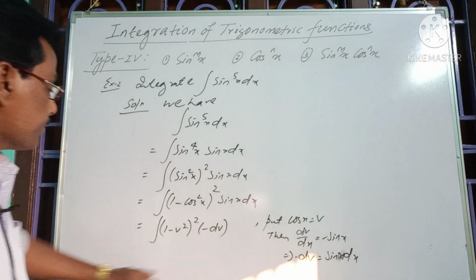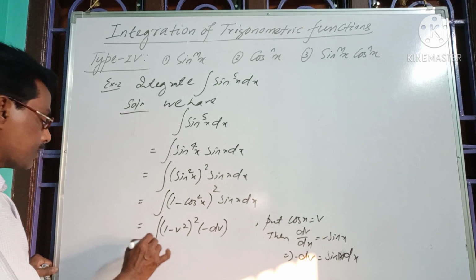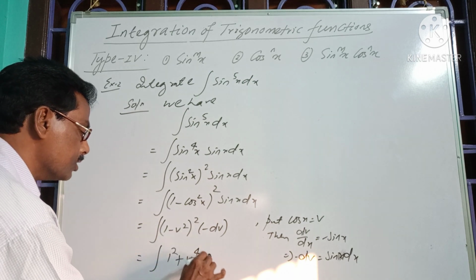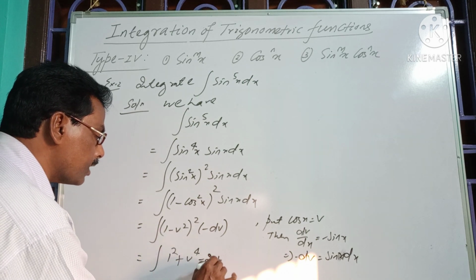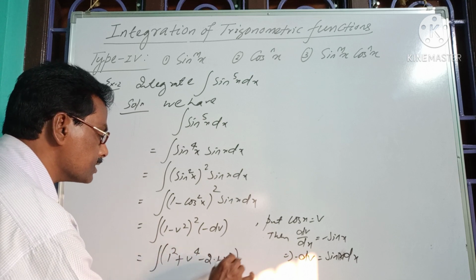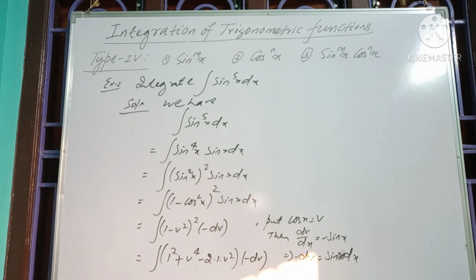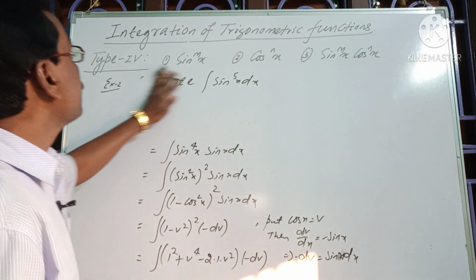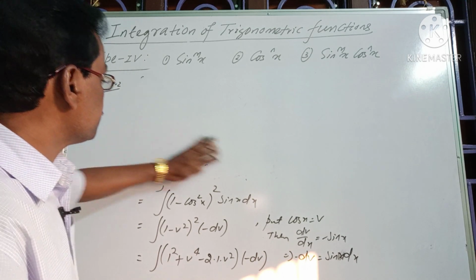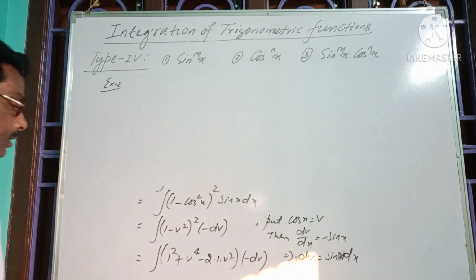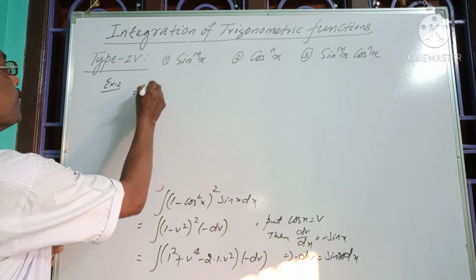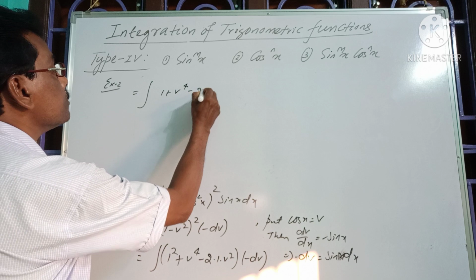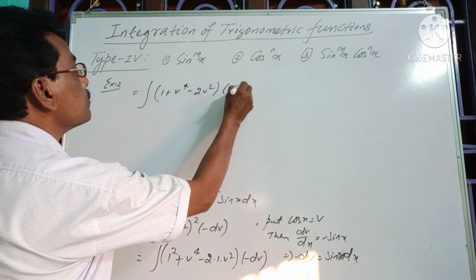So now squaring 1 minus v square, we have 1 square plus v to the power 4 minus 2 into 1 into v square, whole integration with respect to minus dv. So again simplifying, we have integration of 1 plus v4 minus 2v square with respect to minus dv.